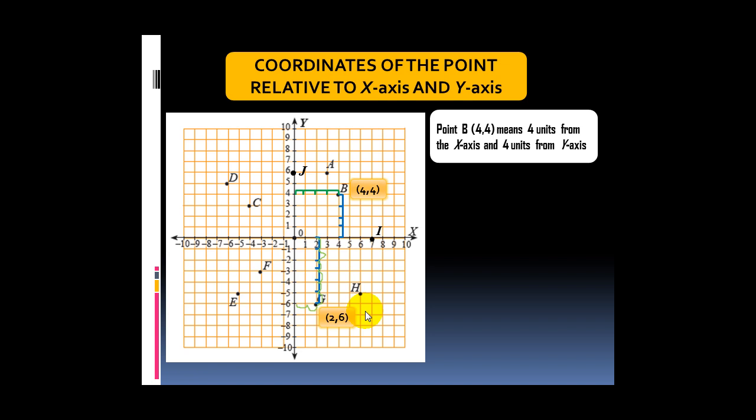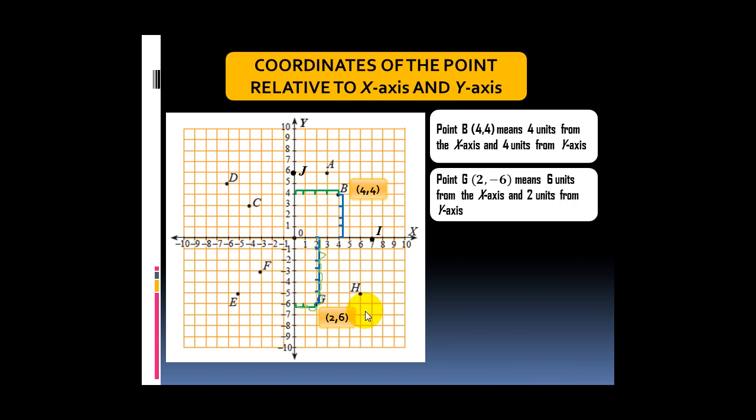Six from the x-axis, and from the y-axis is 2. Then we can conclude that point G, 2, -6 means 6 units from the x-axis and 2 units from the y-axis.